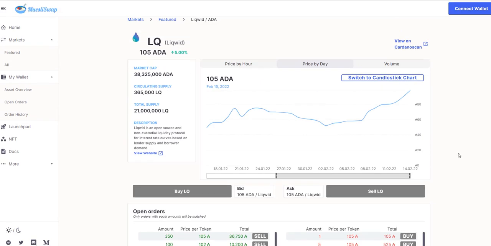Okay, so if we look at the price of Liqwid right now, it's at 105 ADA, which is quite high. When it came out on MuleSwap, it was around 16, I want to say, and it went up to 20 and hovered around there a little bit. Then it started to take off, hovered around 50, 60, 70, and now it's taken off to over 100.